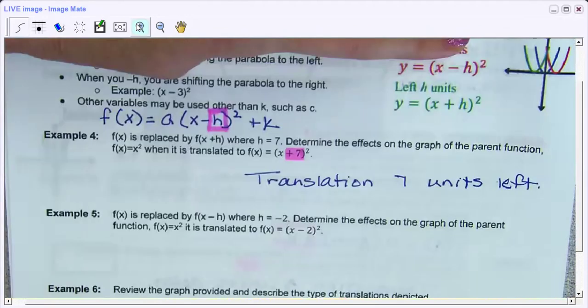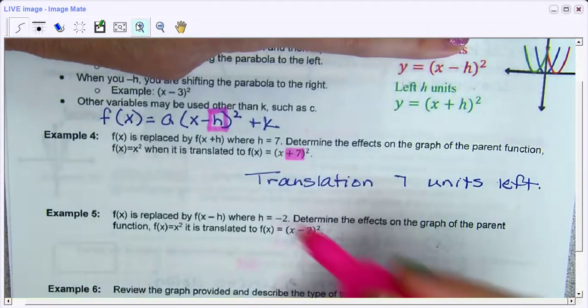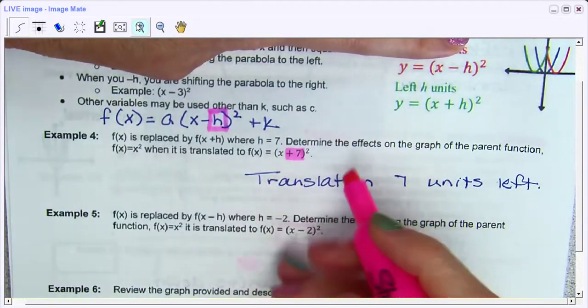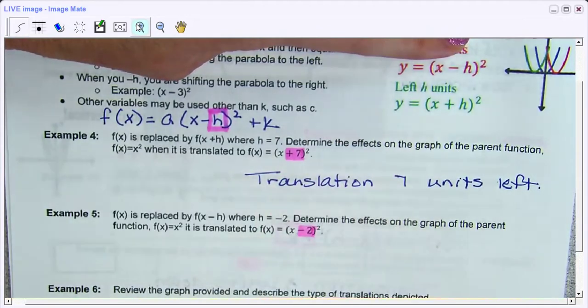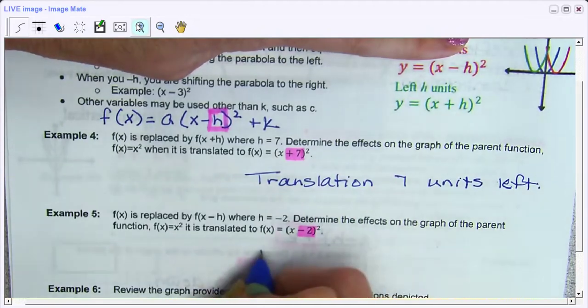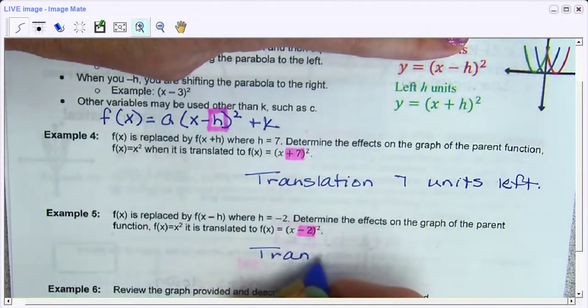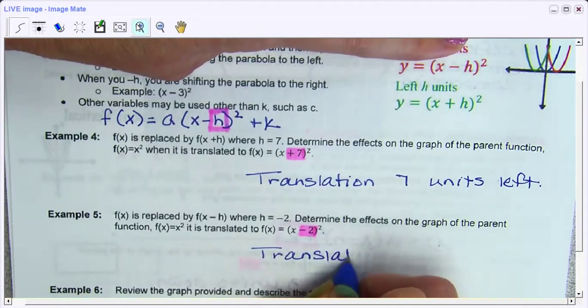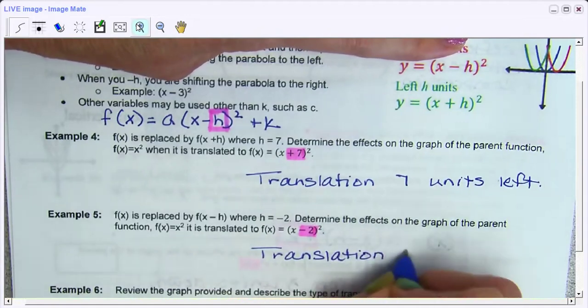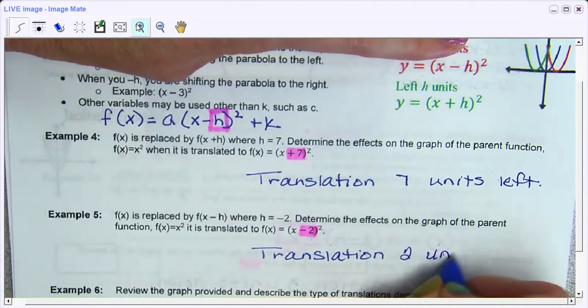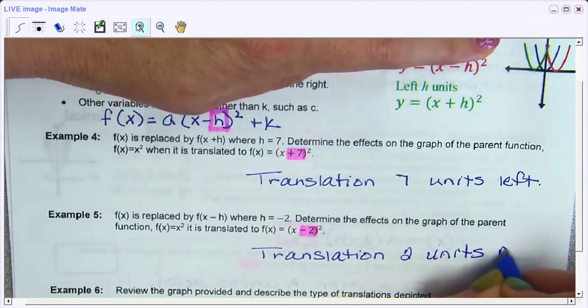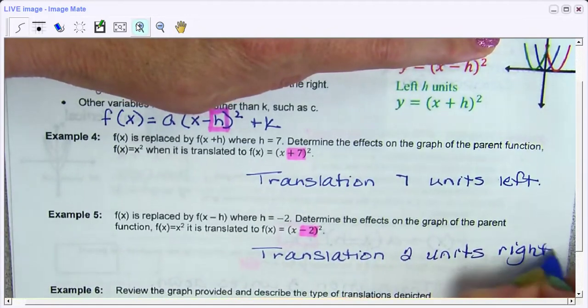Okay. And then here we have a negative 2. So this is going to be a translation.